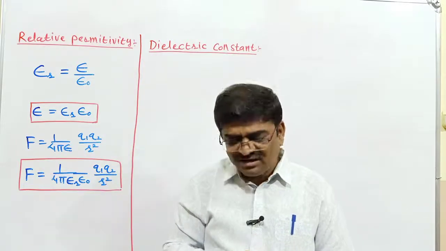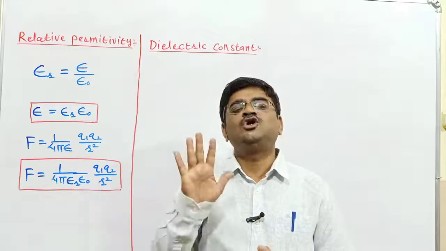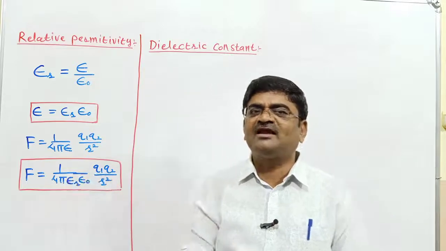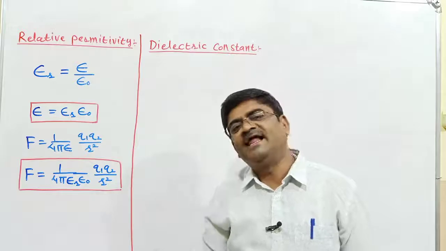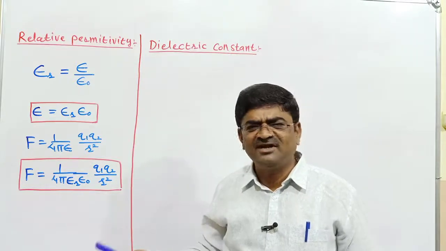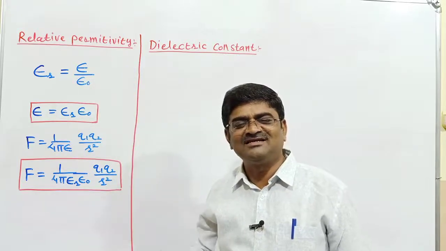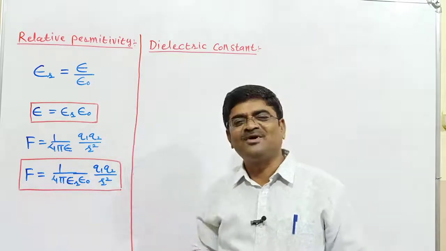So to talk about the ability of such insulators to allow for electric interaction, we have a term called dielectric constant. And it is nothing but relative permittivity. Dielectric constant is nothing else but relative permittivity.